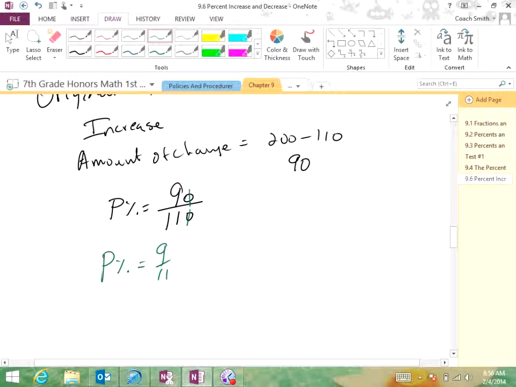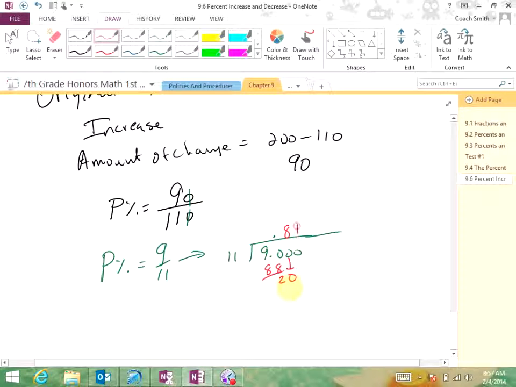Now, we need a percent. So to get a percent, I've got to divide 11 into 9. Granted, it would still work the same way if you divided 110 into 90. It's just a little easier if you go ahead and reduce it. So my decimal's there. 11 goes into 90 8 times, that's 88. Remainder 2, bring down my 0.